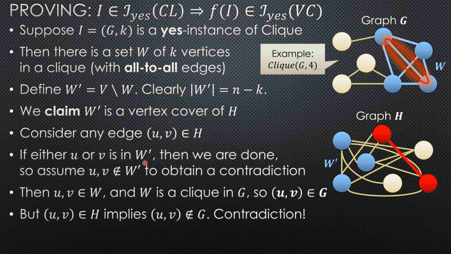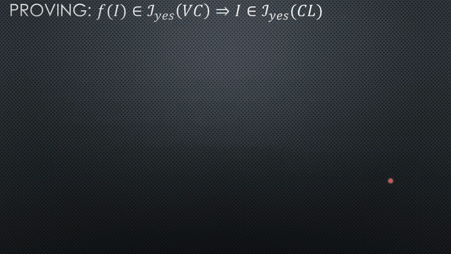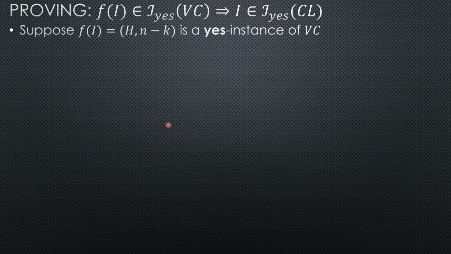Okay, so that's one direction of this proof. Let's do the final direction. So we're going to show if H contains an n minus k vertex cover, then G contains a k-clique. Suppose f of I, H comma n minus k, is a yes instance of vertex cover.